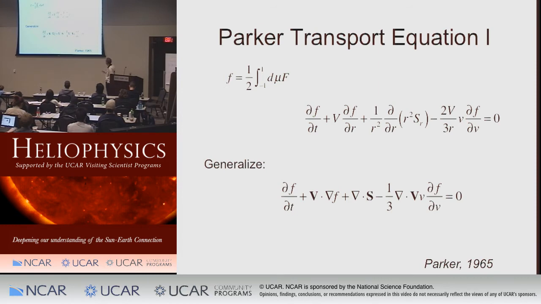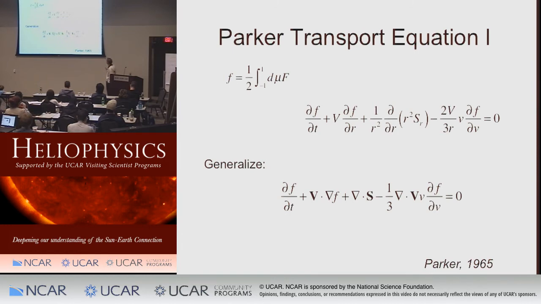So I have divergence of s. And s again is the streaming. It's the function of mu v times f. Okay, so it's the differential flux. Differential because you haven't integrated over the speeds, the speed distribution.